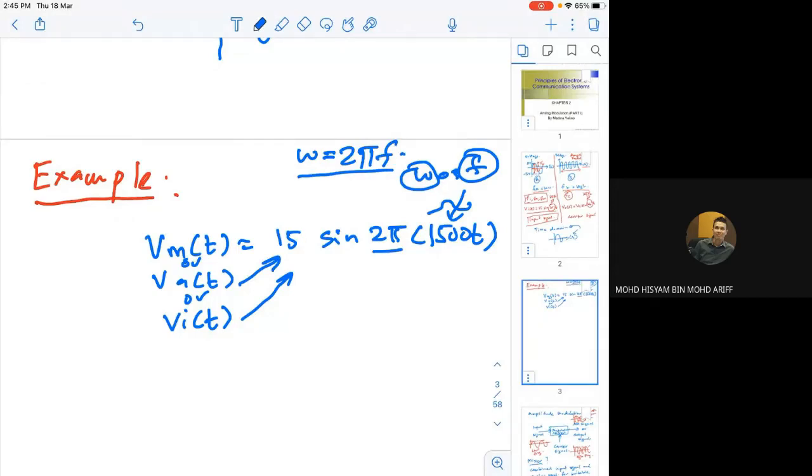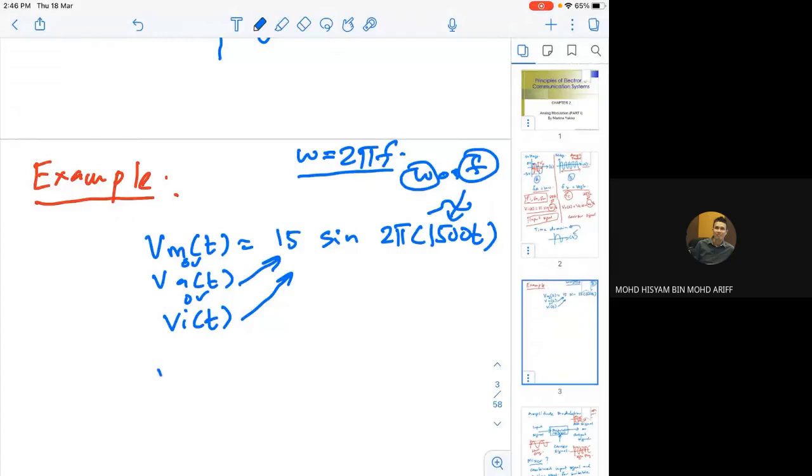That's why sometimes in a question I don't put the 2 pi here. If I put 15 sine 1500 t, is this 1500 omega or frequency f? Omega. That's why I'm telling you, you come to my class, you will get something. So right now I put 2 pi f.